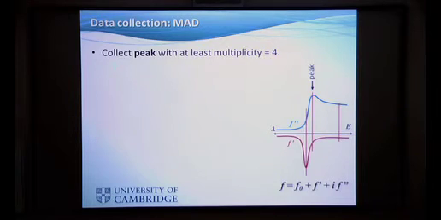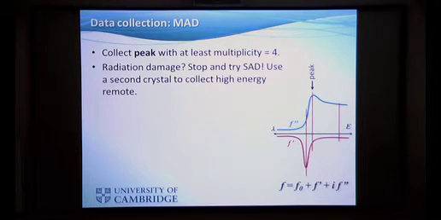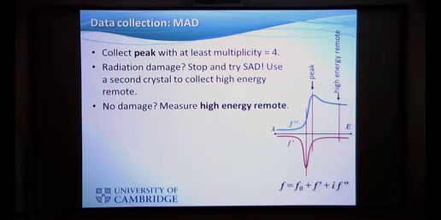So the idea is you collect the peak, which is here, with a multiplicity of at least 4. You have radiation damage. After that, stop and try SAD. Use a second crystal to collect the high energy remote. High energy remote is here.